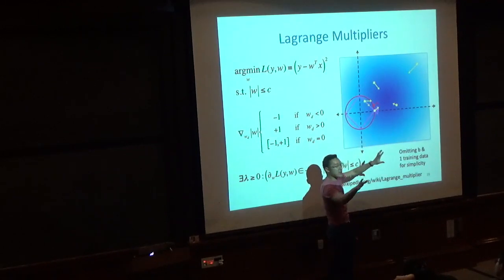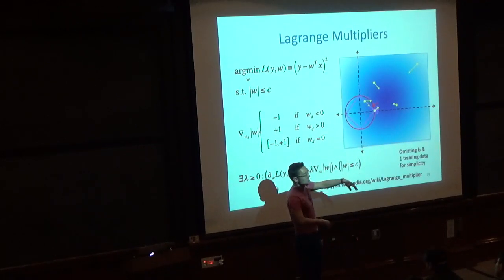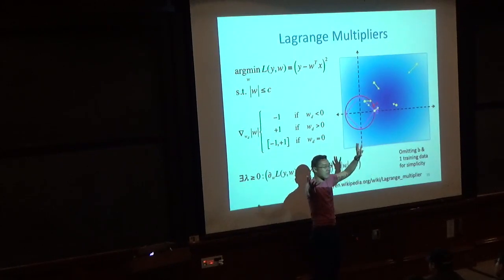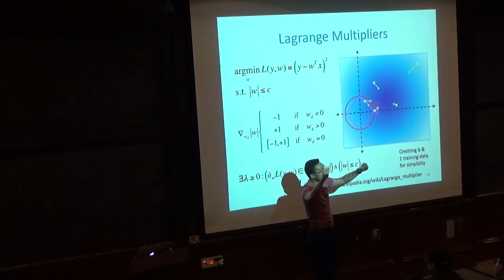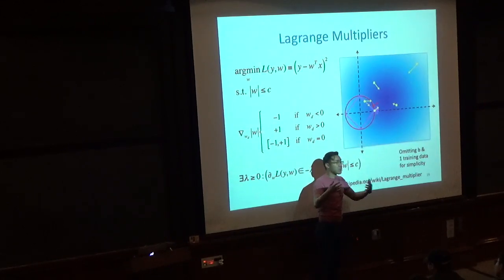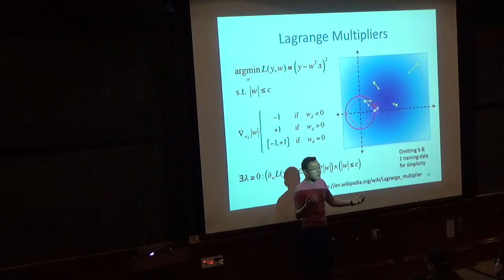And of course, in high dimensions, this isn't like a 2D space; it's 1,000 or 1,000,000 dimensional space. So there are many partial corners where some of the entries are 0. So every corner corresponds to some subset of the entries being 0.